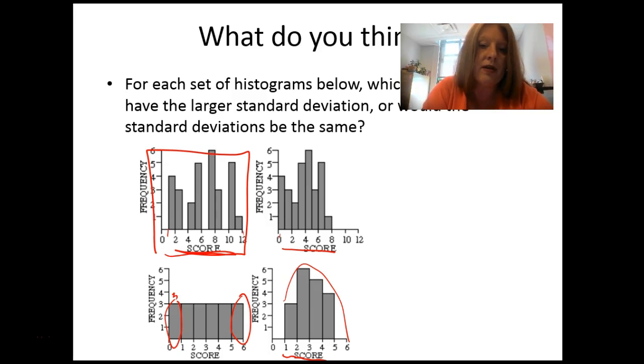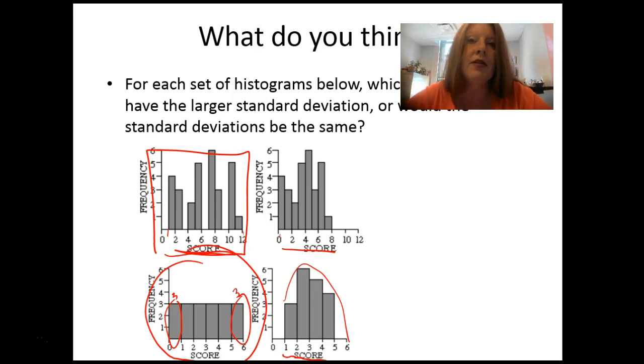We have 3 that are between 5 and 6, and then we have 3 in all of the other columns. And those values that are further away out in the tails, they're increasing that average distance of the data values from the mean. So this first one would have the larger standard deviation.